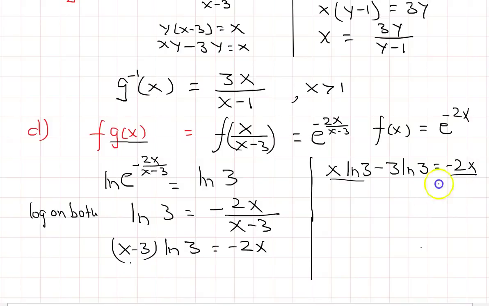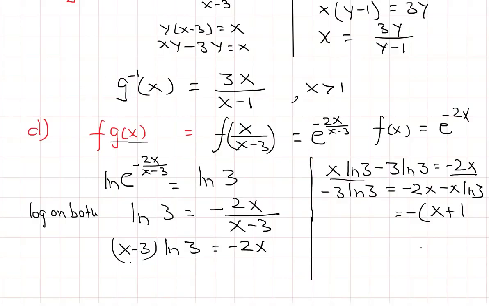Take x on one side, so minus 3 ln 3 is equal to minus 2x minus x ln 3. Let's take x common here.